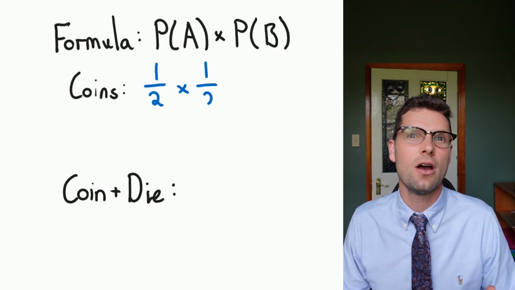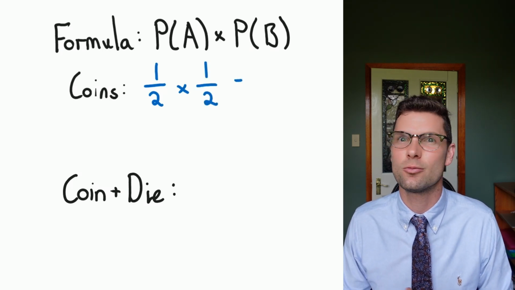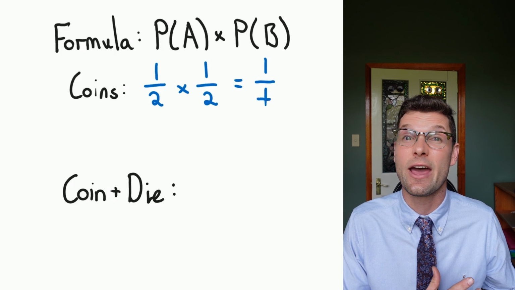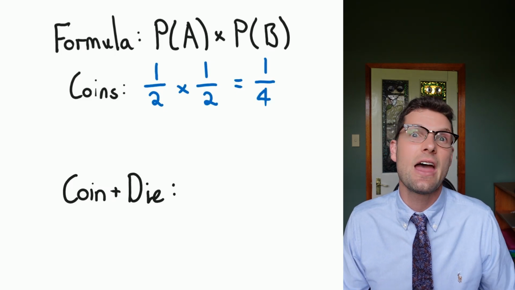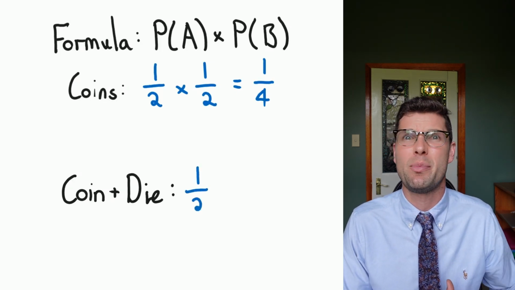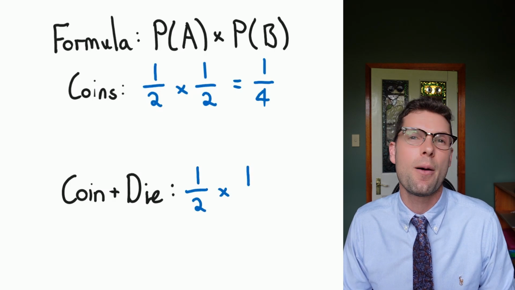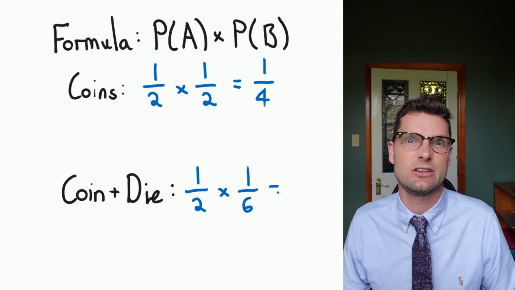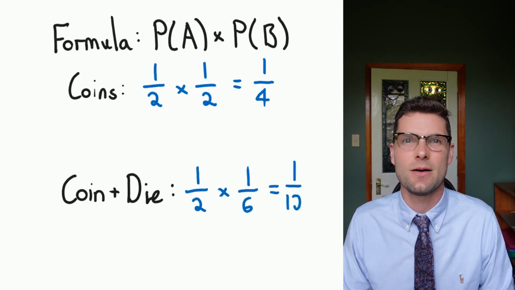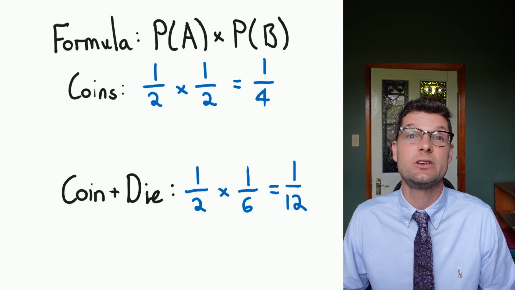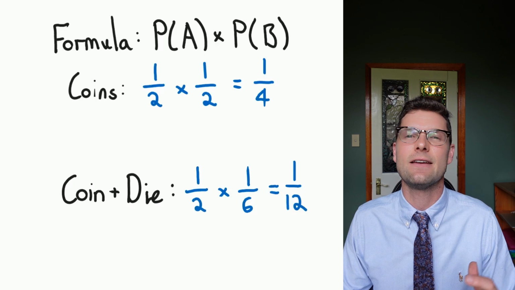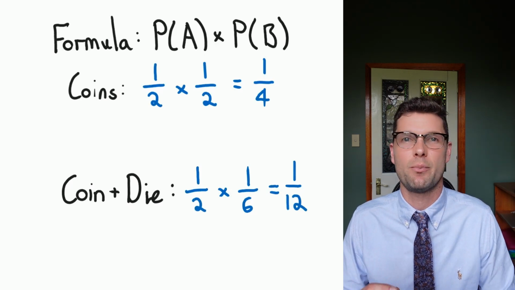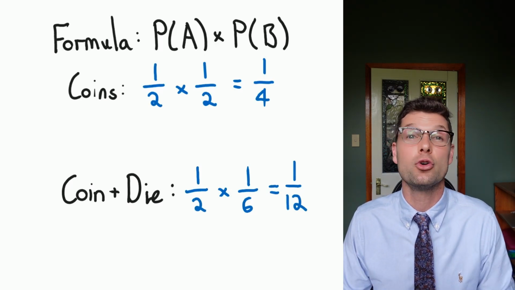So I just have to do a half times a half, which is equal to a quarter, which is what I got from my list. Then if I looked at the other one, the probability of getting a tail was a half multiplied by getting a 3, which is 1/6. A half times 1/6 is 1/12, which is again the same thing. So instead of drawing these tables out, if you remember multiplying the probabilities together, that's all you need to know.